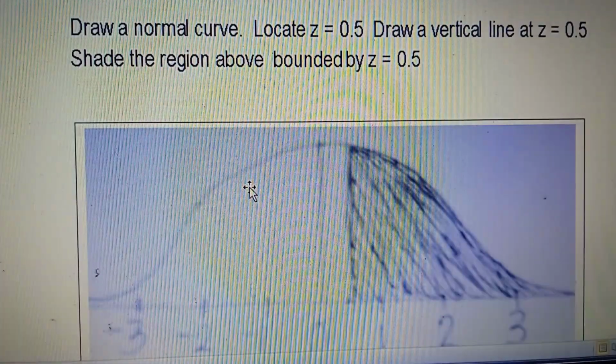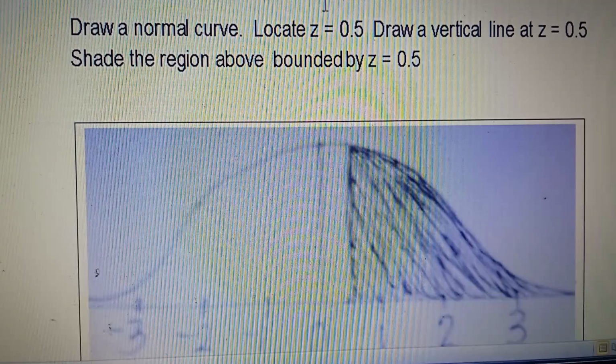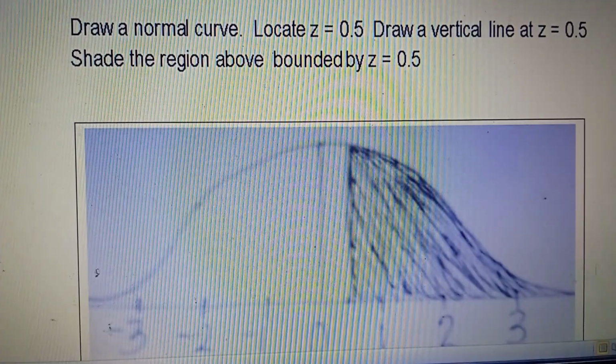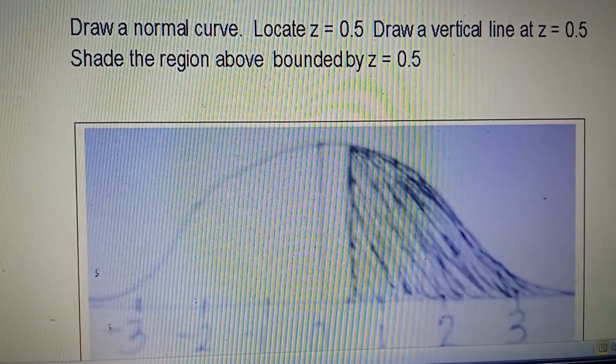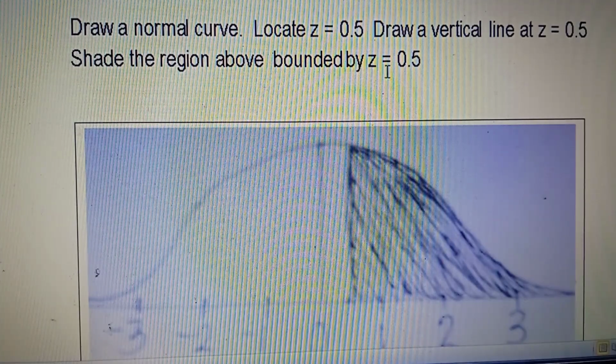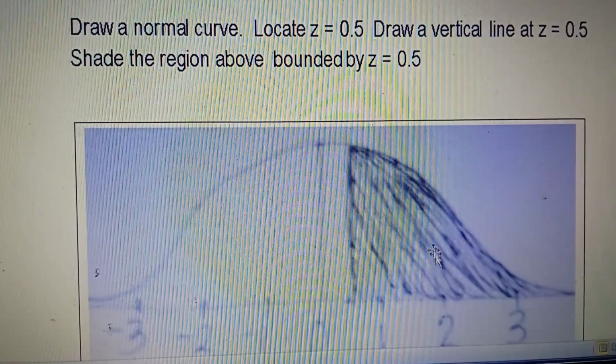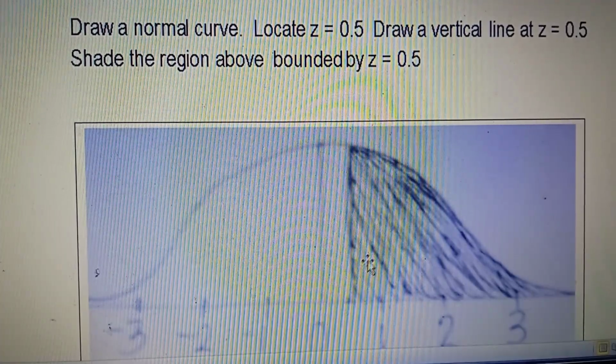Okay, draw a normal curve again, locate z equals 0.5, and draw a vertical line at z equals 0.5. It's here, and shade the region above z equals 0.5. This is the region referred to.